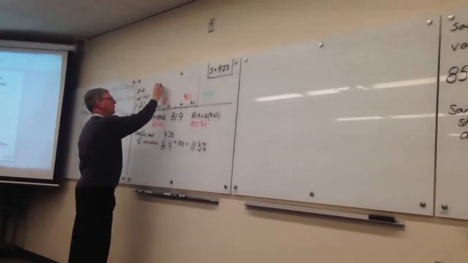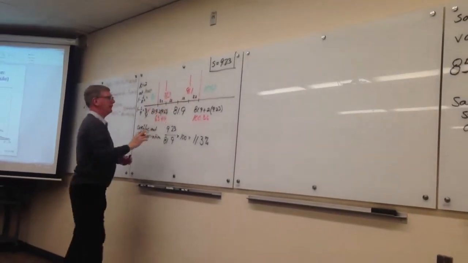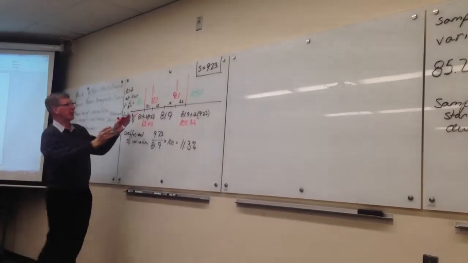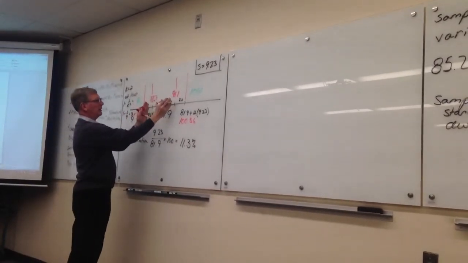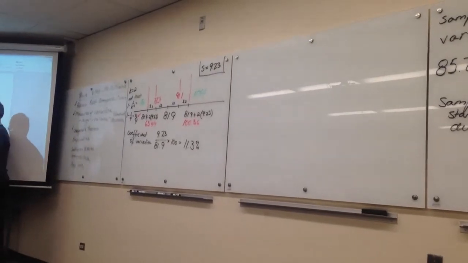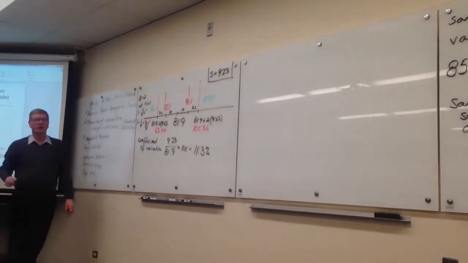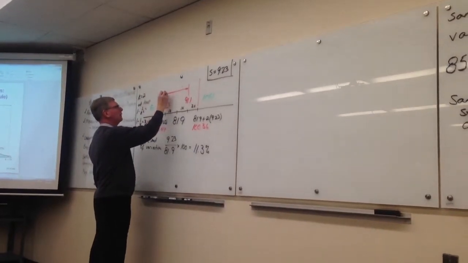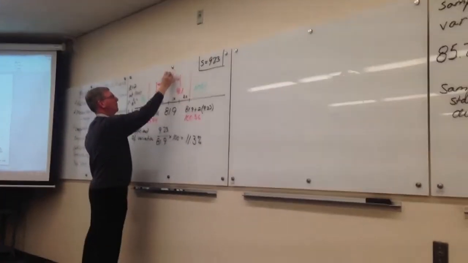All right, now, if the empirical rule applies, how much of my data should I find here? 68%, right? So I should find 68% here. What's 68% of 30?